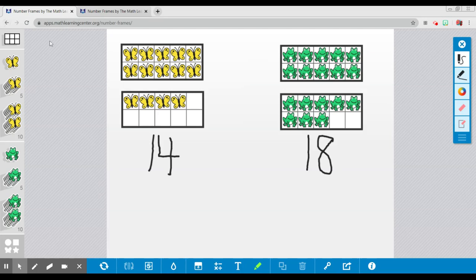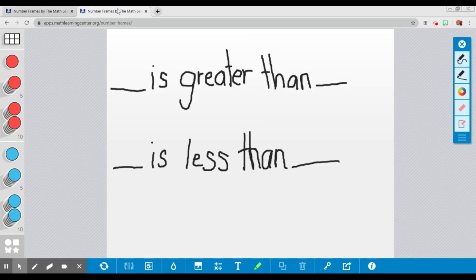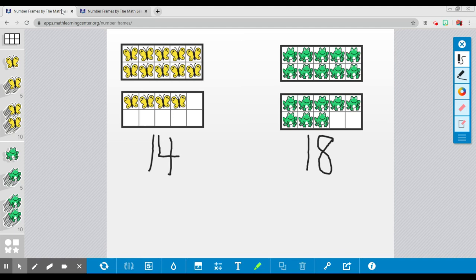So the number 18 is what? Is greater than. Very good. So we're going to write the number 18. Okay. So I want to pick a different color this time. I want to use green since we're talking about the frogs being greater. So I'm going to put the number 18 here. 18 is greater than, what was our number? 14.